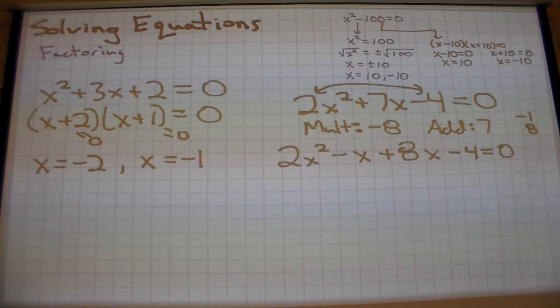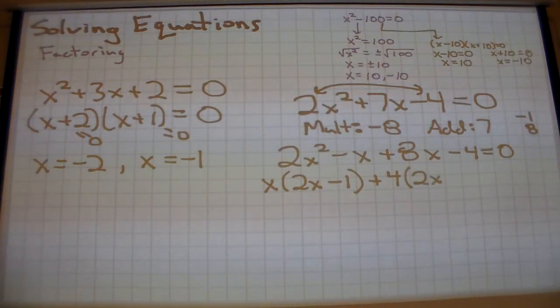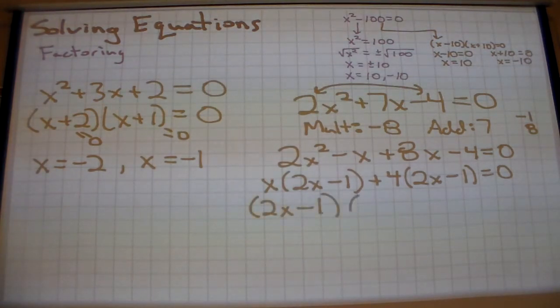All right, so where do we factor? We split them, negative x and 8x. I factor out of the first two, I get 2x minus 1. What can I factor out of the next two? Remember, I wanted to get it to match 2x minus 1, so I have to factor out 4. Okay, so 2x minus 1 matches, and then the leftovers are x plus 4.